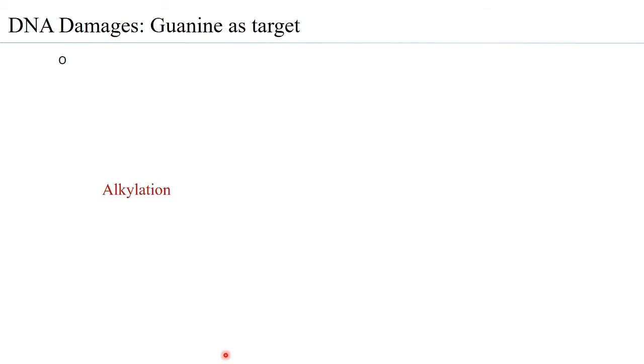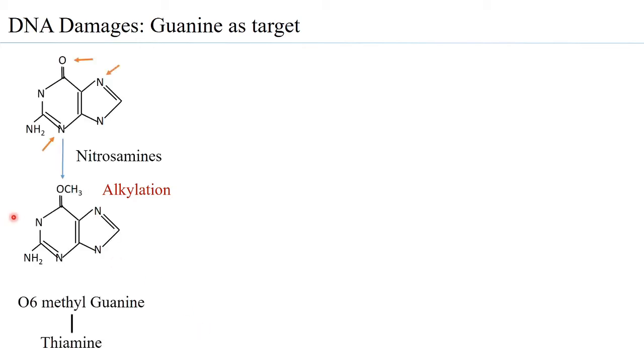Now let us go to another type of DNA damage, which is alkylation. What has been observed is guanine is a common target of alkylation. So if this is the guanine present, then alkylation is possible at this end, at this end and at this end.